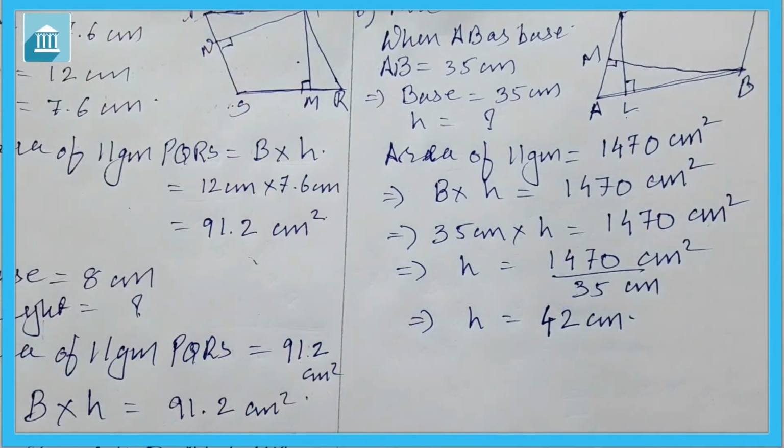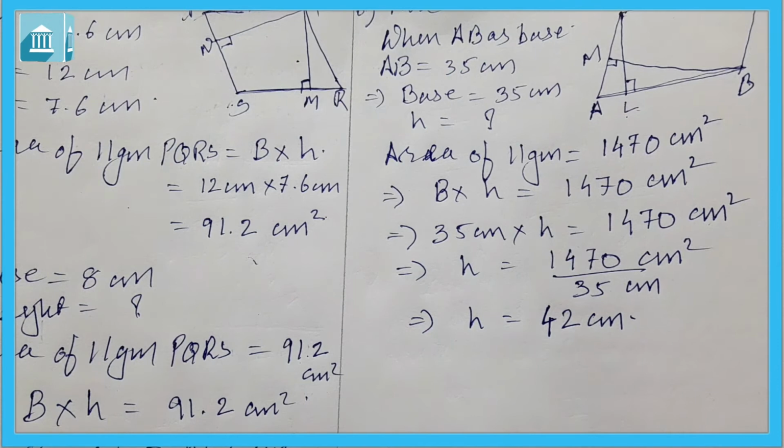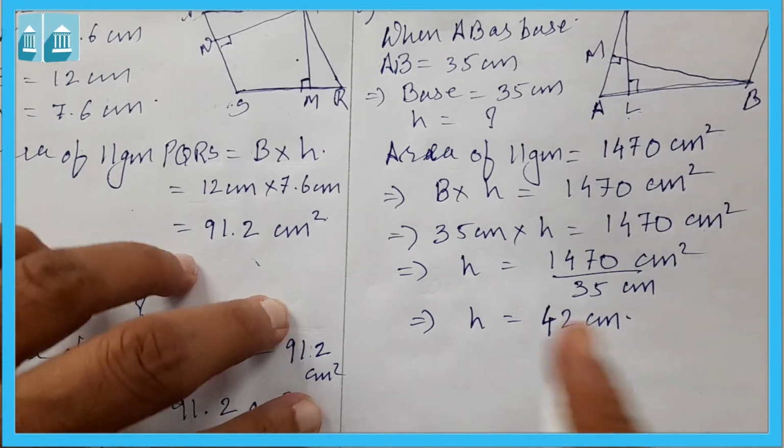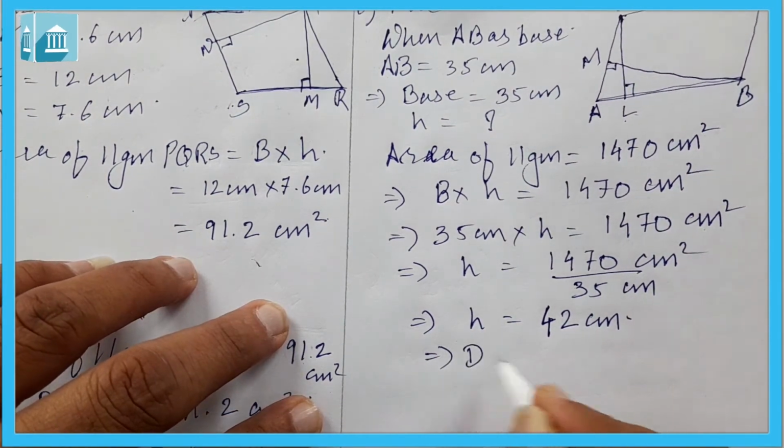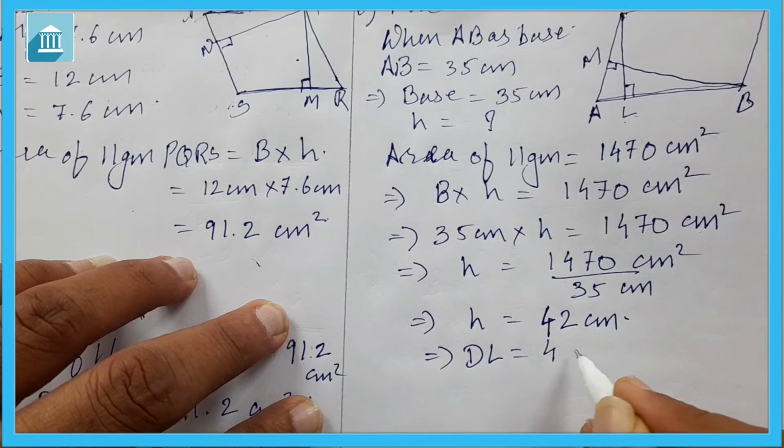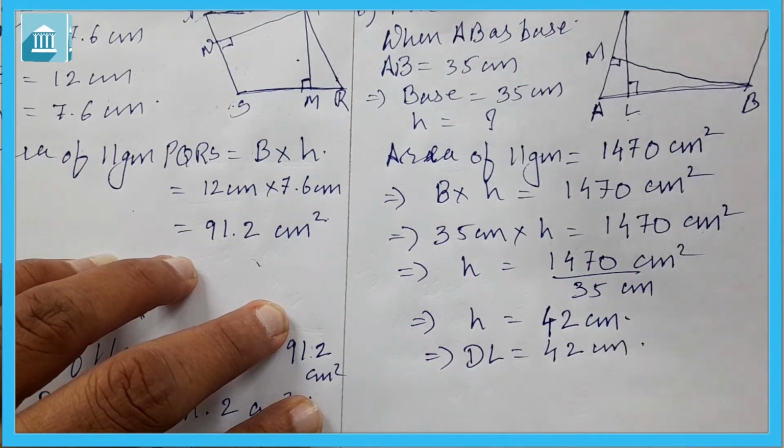So the height will be 42 centimeter, and DL is equal to 42 centimeter.